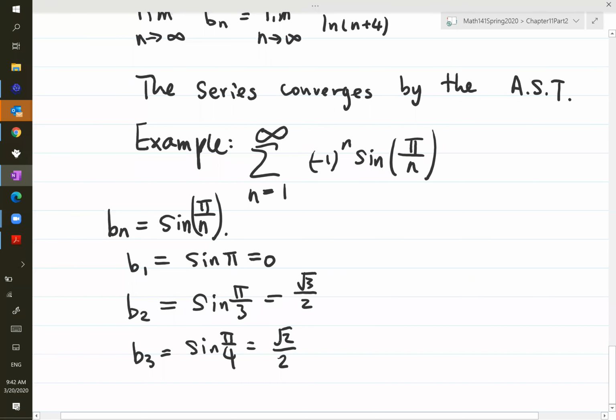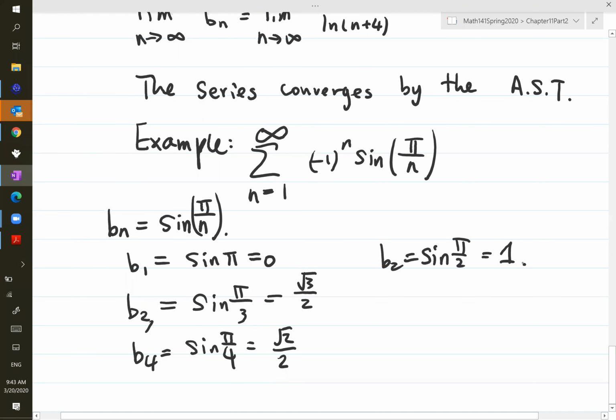Sorry, what I did. So this should be b3, and this should be b4. I confused myself. b2 is sine pi over 2, which is 1.